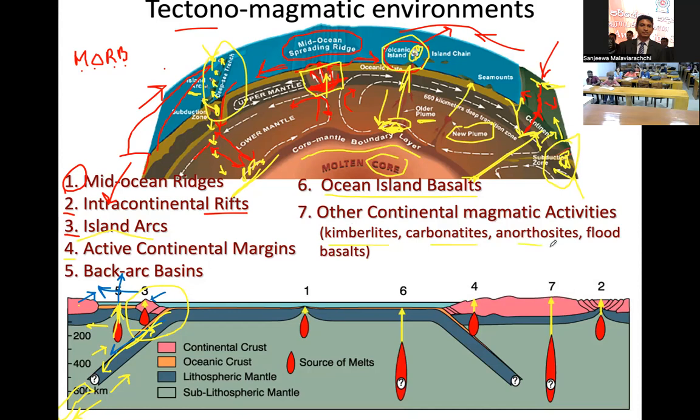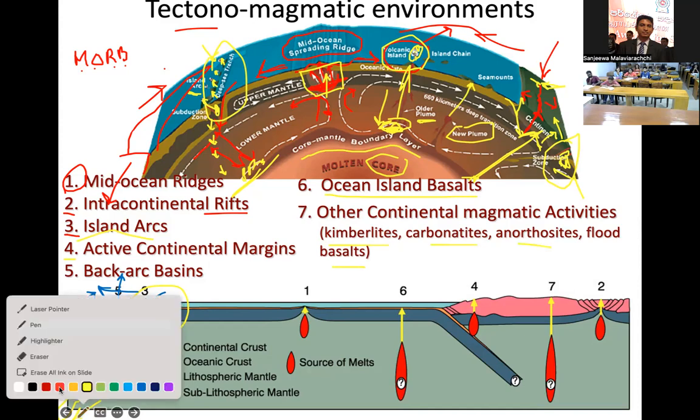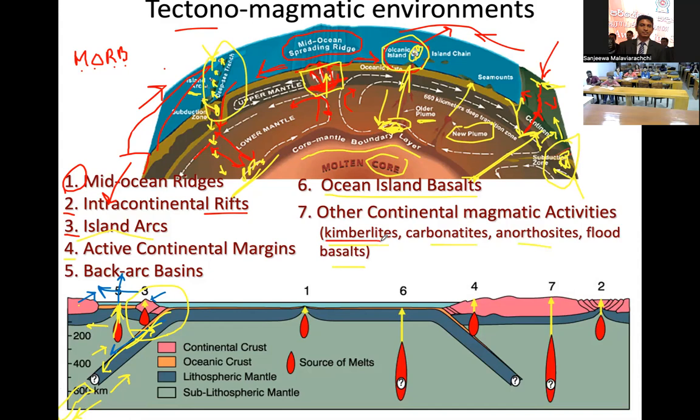anorthosites, flood basalts, many other types of basalts we can have. Actually, kimberlites again mean a very deep part of the mantle, and these kimberlitic magmas can come up anywhere. They are different from plumes, because they are not as deep as plume environments.